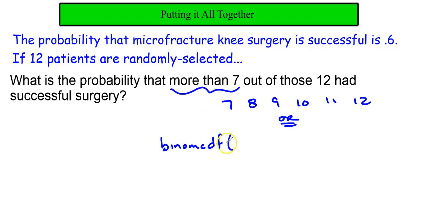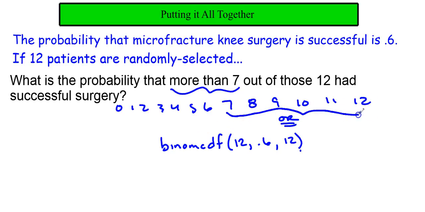So if I calculate this binomial CDF, I've got 12 trials, 0.6 is the probability of success. If I calculate up to 12, then that's going to include 0, 1, 2, 3, 4, 5, and 6 as well. So this particular function is going to include all of this. I only want this much. So what do I need to do?